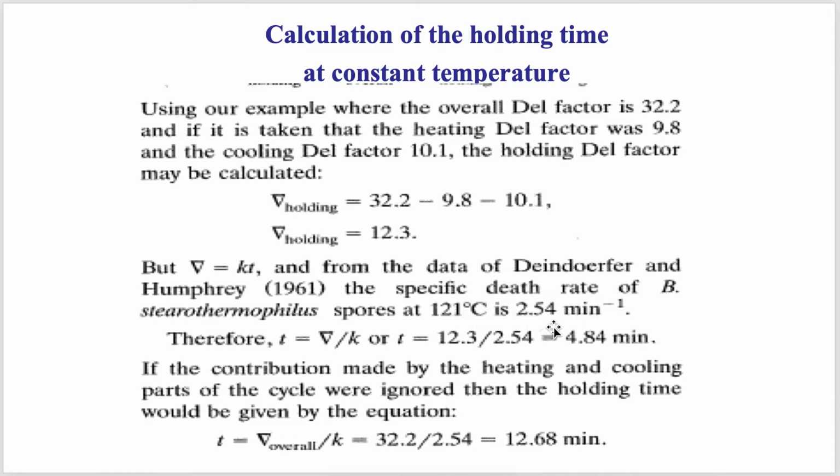They calculated the specific death rate of Bacillus stearothermophilus spores at 121 degrees Celsius as 2.54 per minute. So 2.54 is the specific death rate of Bacillus stearothermophilus spores at 121 degrees Celsius. If we use this value in this equation, we can get the value of small t, and this small t is the holding time.